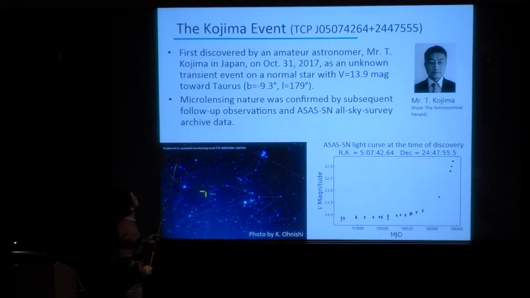The so-called Kojima event was discovered by an amateur astronomer, Mr. Kojima, on October 31, 2017, as an unknown transient event on a normal star with a V magnitude of 14, located toward the Taurus region, which is about anti-galactic center. Its microlensing nature was confirmed by subsequent follow-up observations and by assessing all-sky survey archive data.